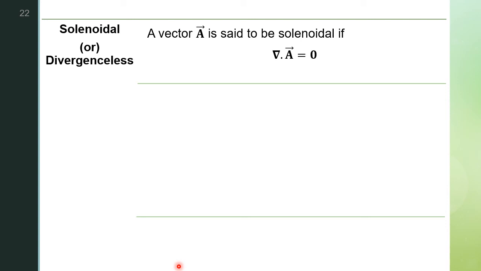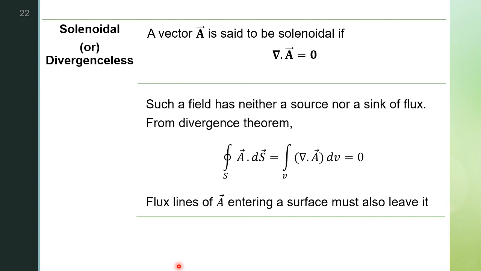So when you consider a field which is solenoidal, del dot A is 0. According to the divergence theorem, the closed integral over S of A dot ds is the same as the integral over the volume of del dot A dv. If del dot A is 0, we get the value of the closed integral over S of A dot ds as 0.